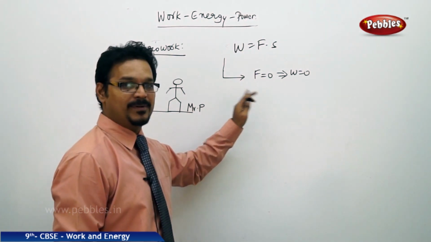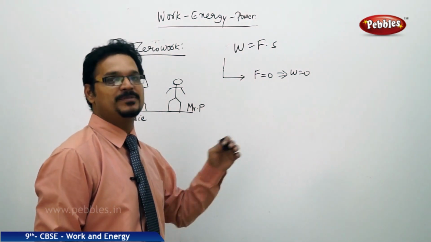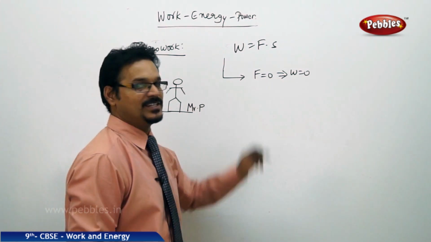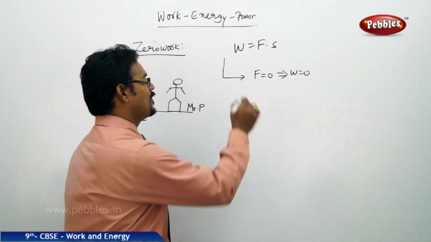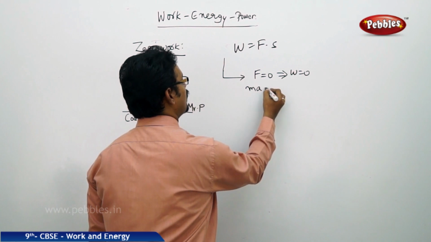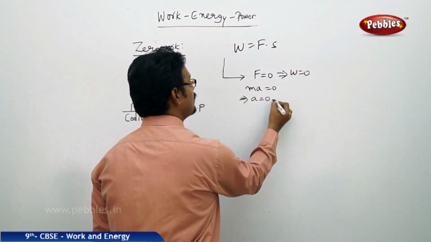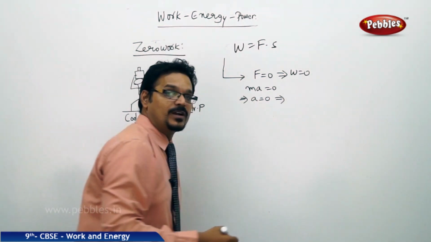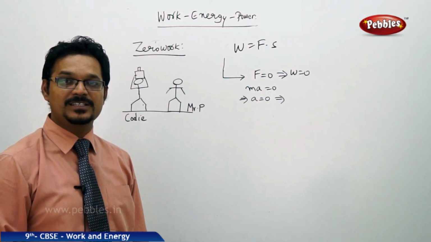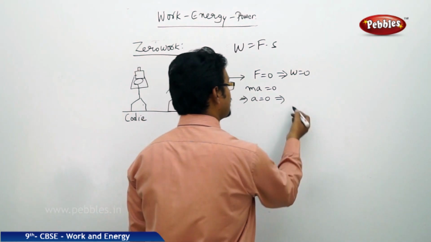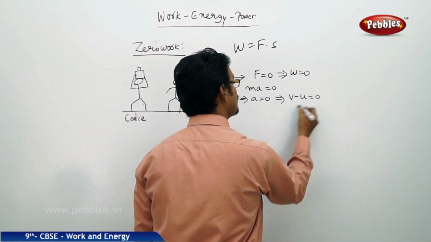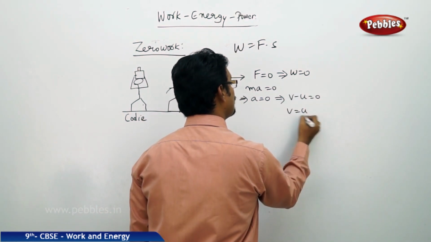The force applied on the body is 0, but displacement is there. Still work is 0. How is it possible? See, when F equals 0, according to Newton's second law, ma equals 0 implies a equals 0, implies acceleration, change in velocity by time, is 0. That means change in velocity v minus u equals 0, implies v equals u.